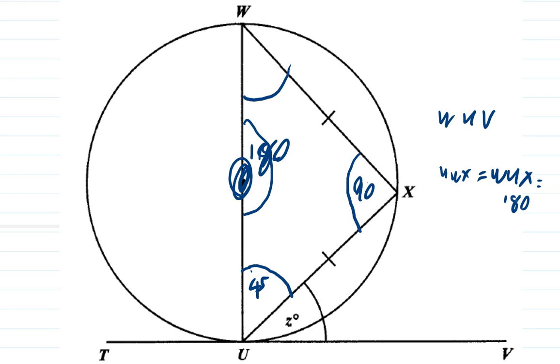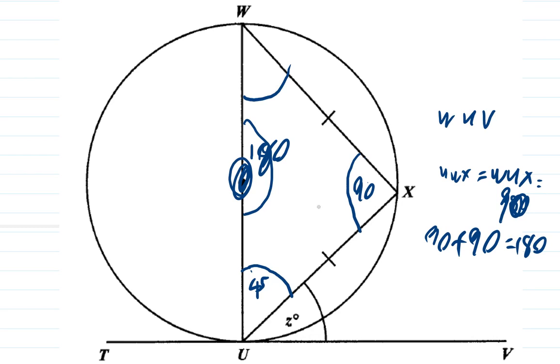Now, this must be equal to 90. I mean 90 degrees. Why am I saying 180? So, therefore, this plus this equals 90 degrees. These two angles plus this 90 is 180.